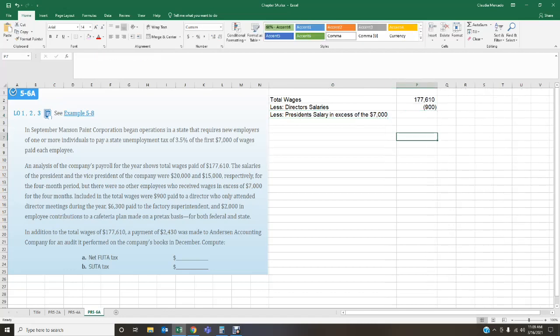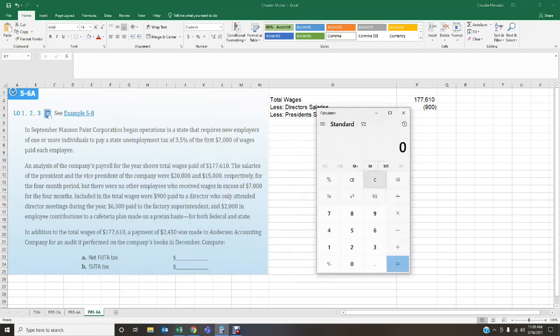So let's focus on the president. It says that the president made $20,000. Now, we know that we only pay taxes on the first $7,000 of earnings. So that means that $13,000 are not taxable. So what did I do again?